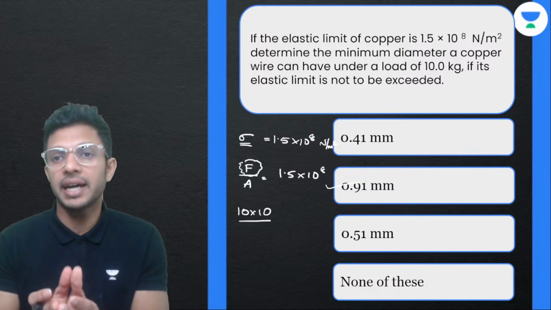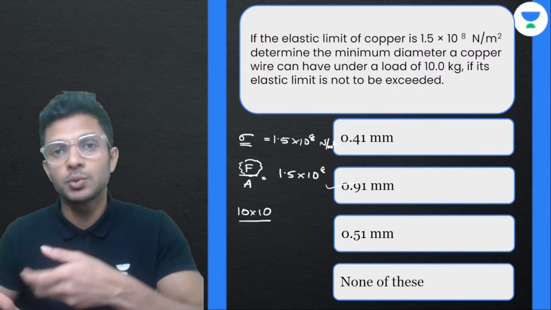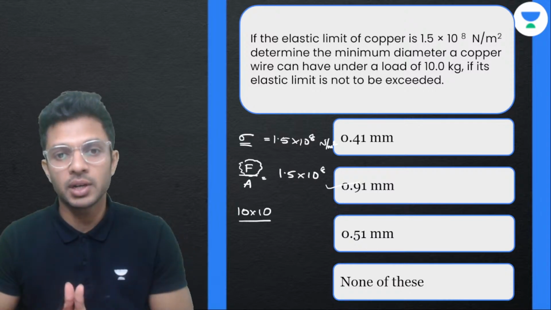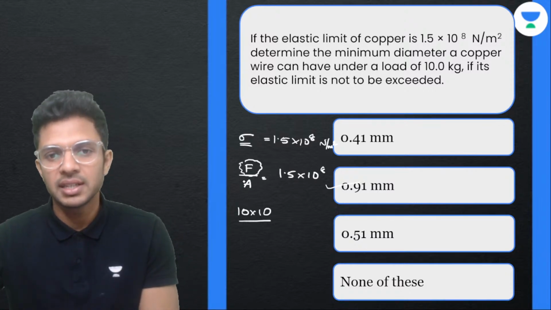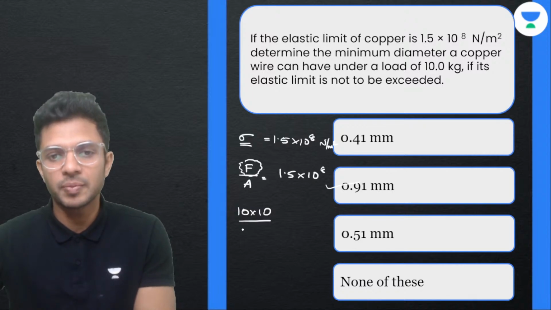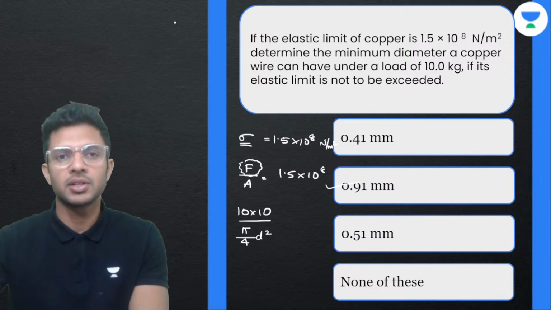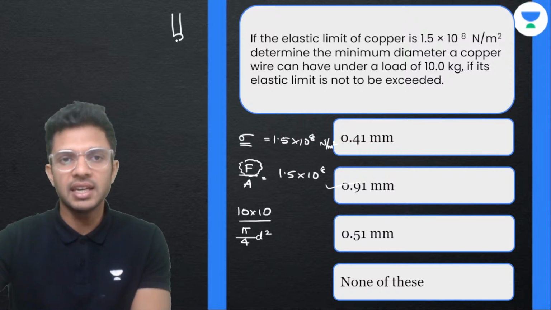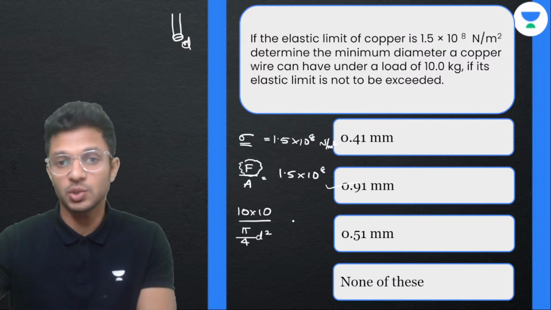Question is to find out the diameter a copper wire should have in order to safely contain this 10 kilogram body within the elastic limit. So how to find the diameter? Simply expand this area value. Area in terms of its diameter is pi by 4 d square, because wires at the end will have a circular base. Let's say its radius is r and diameter is d. For a circle with diameter d, its area is pi by 4 d square.